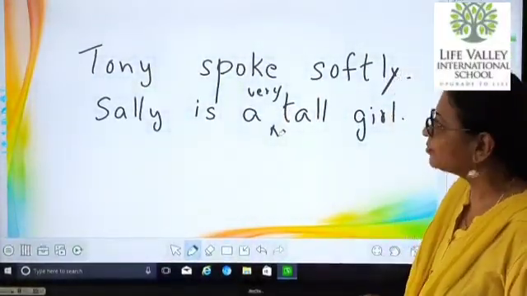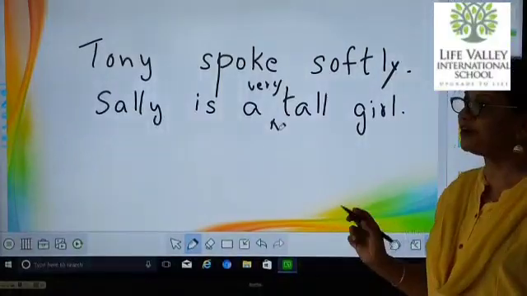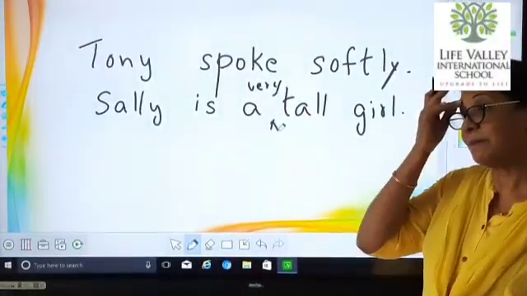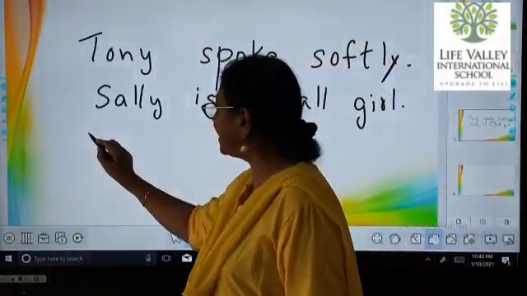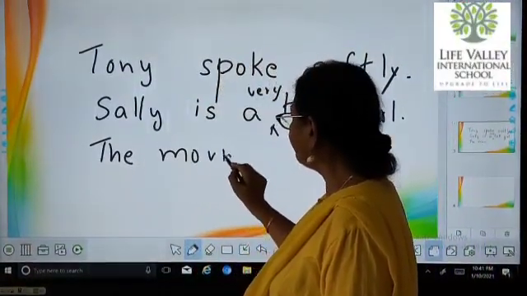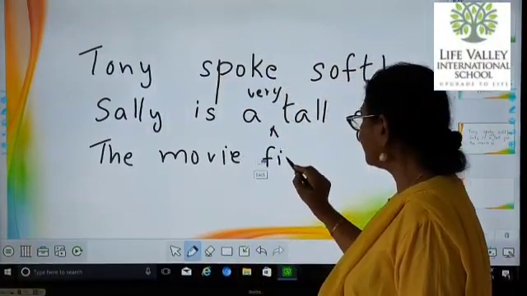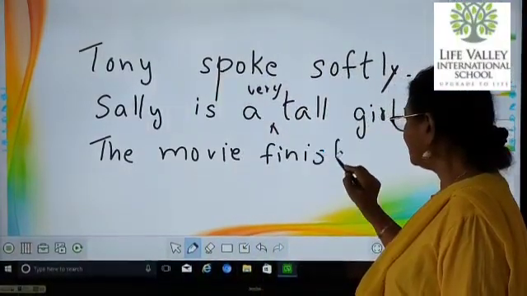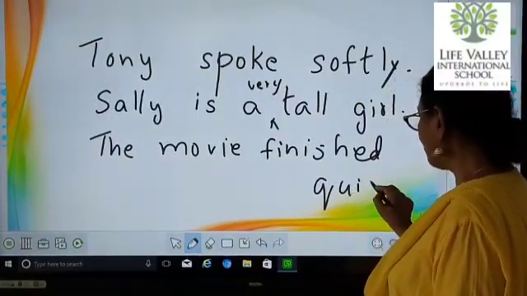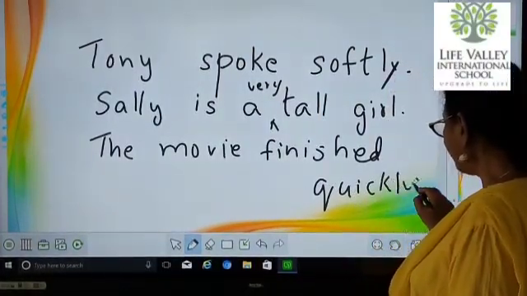Okay. So now you can also have an adverb which is describing another adverb. So for example, if I say the movie finished quickly. Okay, so now you know quickly is an adverb.